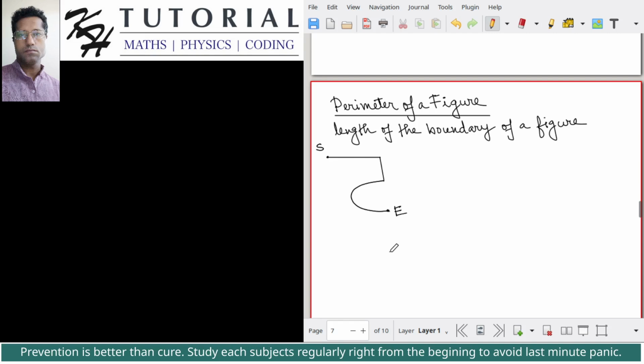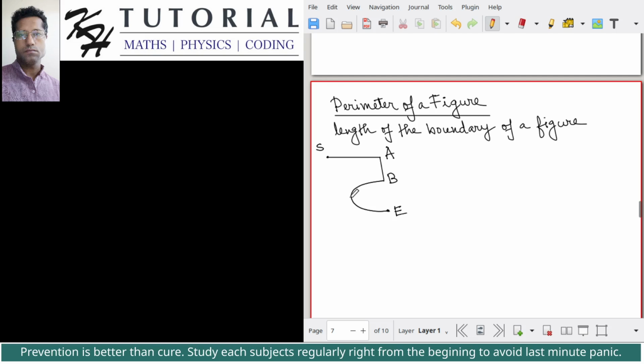Now, what is the boundary of this figure? SA is a straight line. Let's give it a different name, let's say SAB.